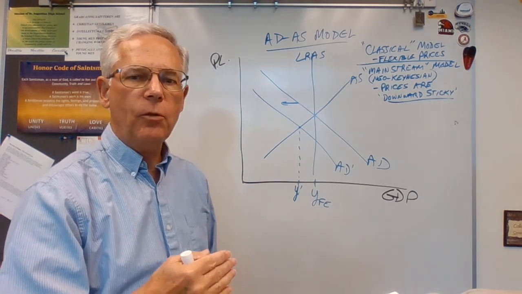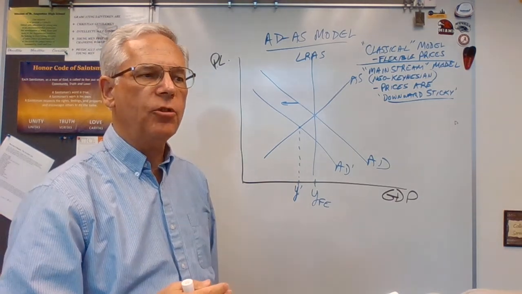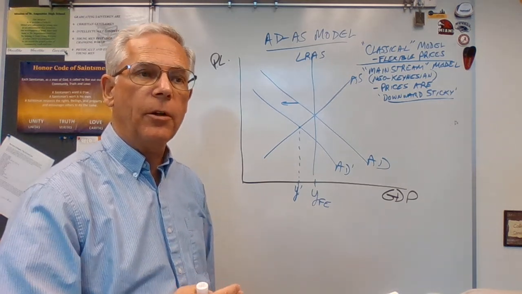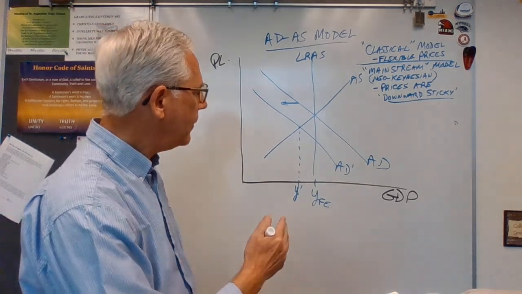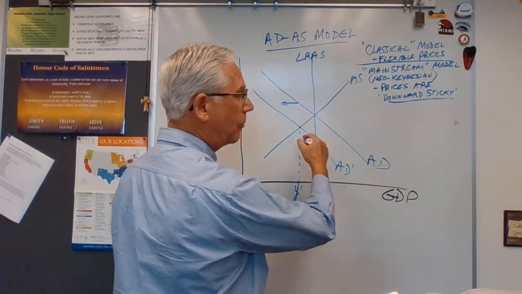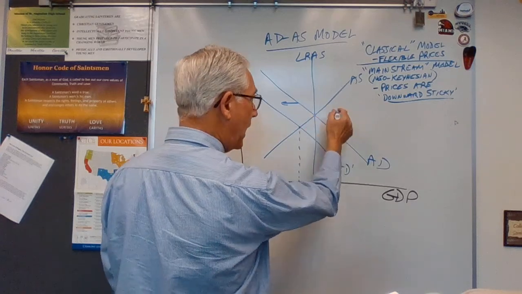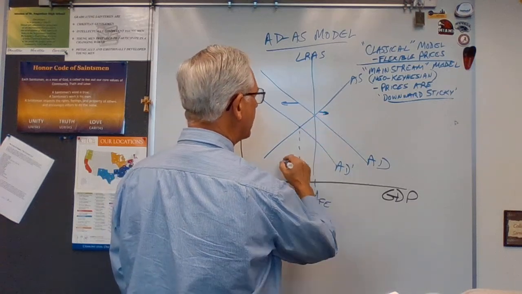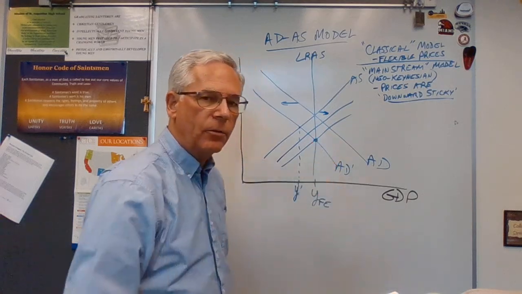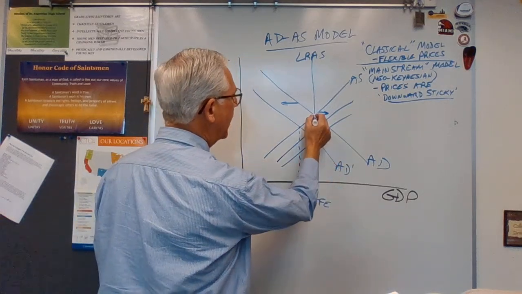People who own resources, inputs to production, can't sell them, so they will lower their prices so they can sell their inputs. And when prices start to lower, aggregate supply actually starts shifting back to the right. And eventually, we get back to full employment at a lower price level.